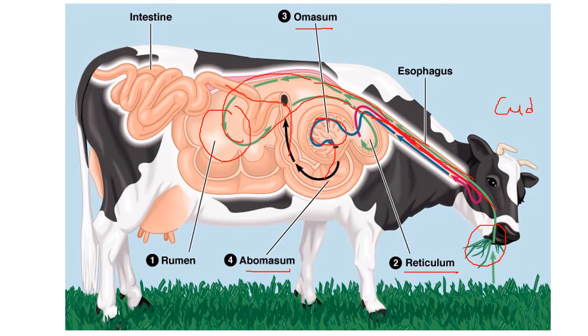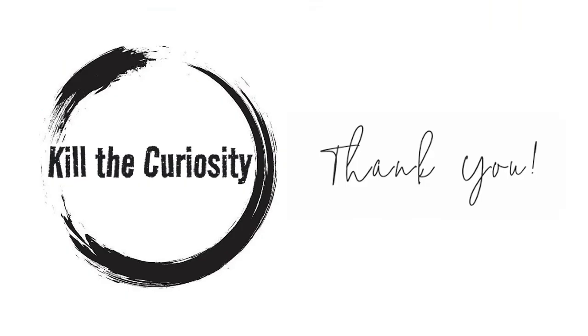Finally, it's passed to the intestine where it is properly absorbed by the body, and the remaining part will be excreted as waste material. So this is all about how ruminants eat their food and how the digestion process happens. So thank you for this part. In the next part we will continue with the same chapter where human nutrition will be discussed. Thank you.